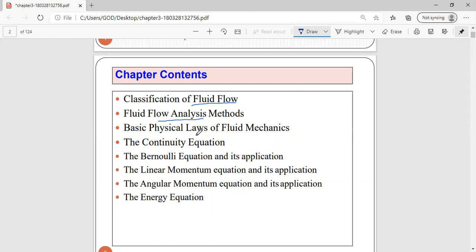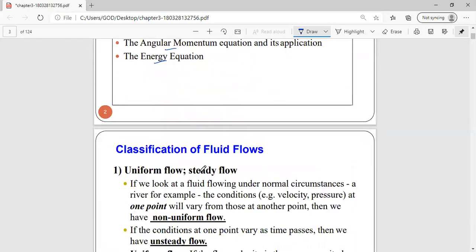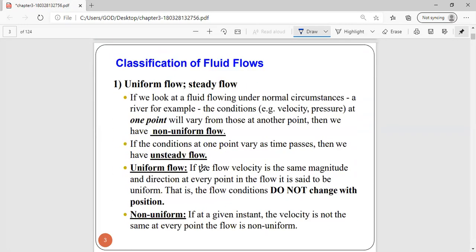And the laws, generally how many laws there are related to fluid mechanics, we'll discuss all that. Then about flow, we'll discuss the continuity equation. Then we will derive the Euler equation. Based on the Euler equation, we will get the Bernoulli equation, and we'll discuss the linear momentum equation, angular momentum equation, and energy equation. The first topic of today's lesson is fluid flows.